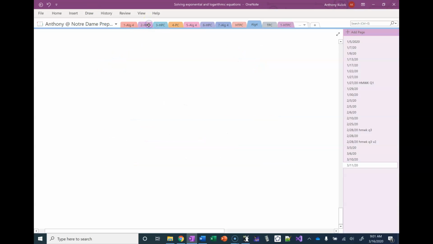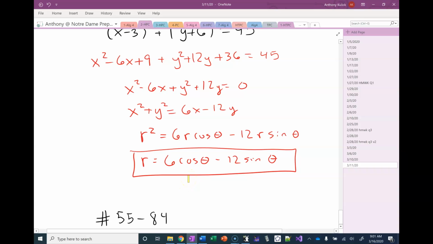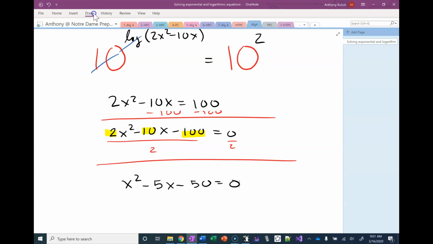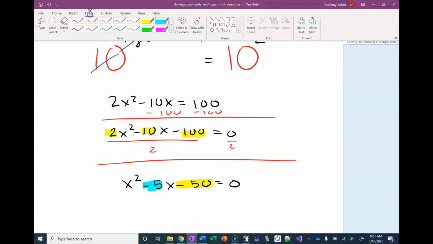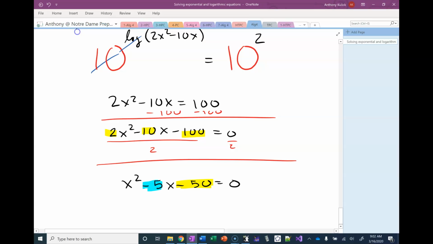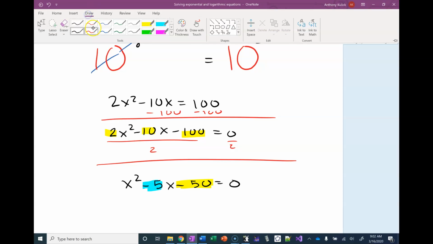So what I'm looking for are two numbers that multiply to give me -50 and then add to give me -5. Oh, I see the two numbers.